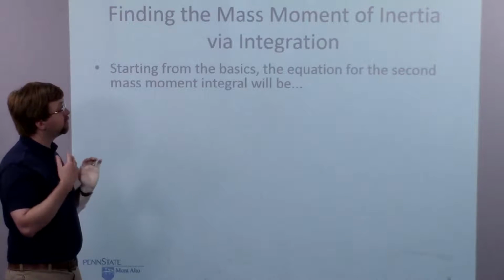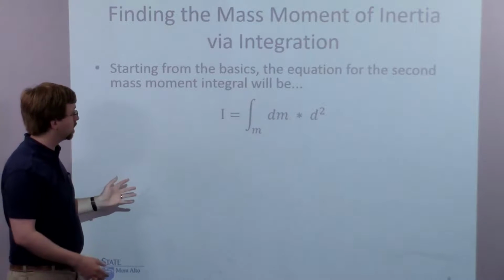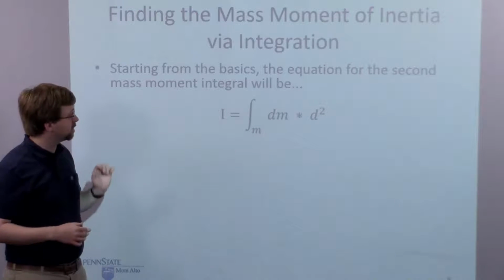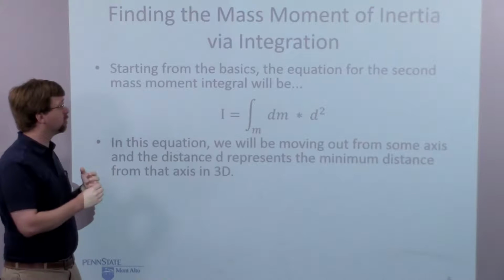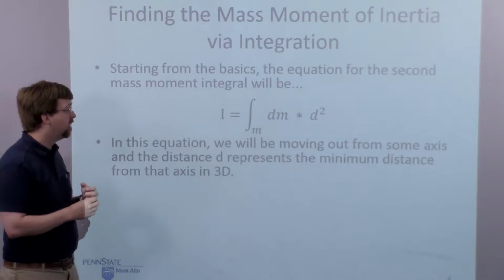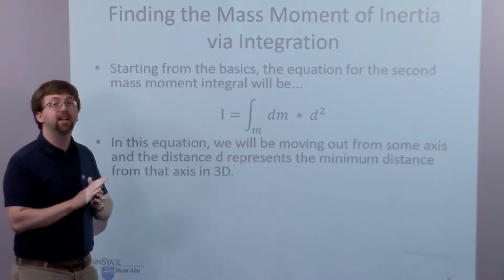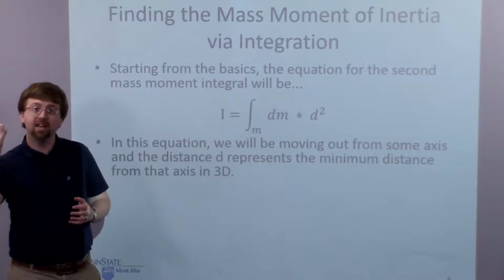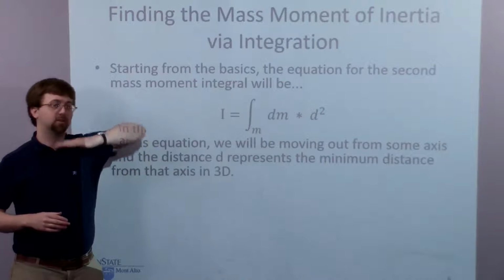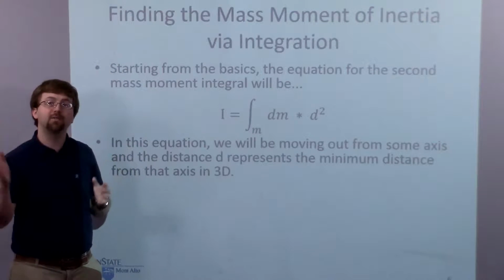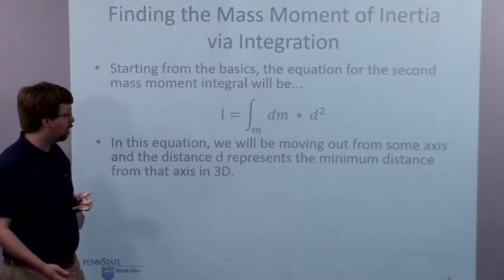All right, so starting from the basics, this is our equation. We're integrating over the mass, dm times d squared, and in this equation, we're moving out from some axis. The distance here represents that distance from the axis for any little bit of mass. So it could be the x-axis, or the y-axis, whatever axis we're rotating about.